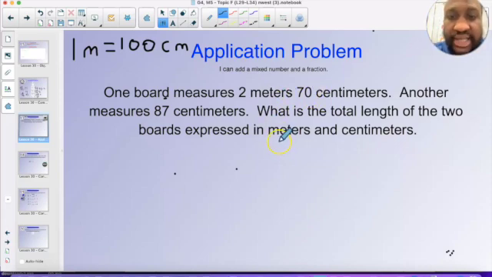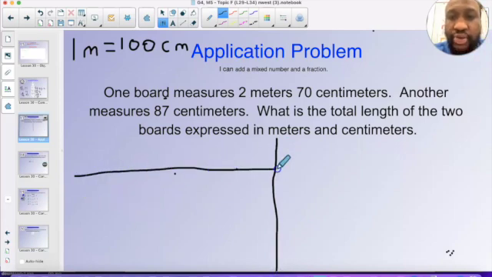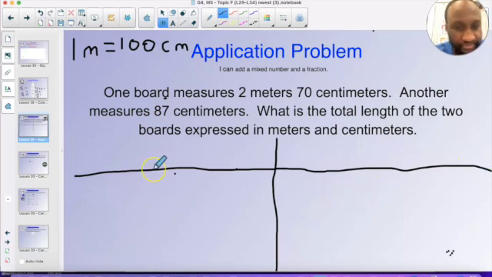Now, there's 2 different ways we can solve this, right? We can solve it doing it in just centimeters, or we can also do it adding centimeters and meters, all right? And it all depends on the conversion. So I'm going to do a centimeters way over here, and then I'm going to do meters and centimeters over here.